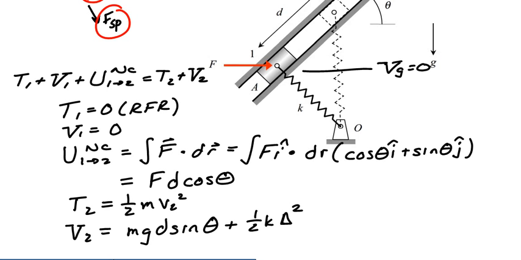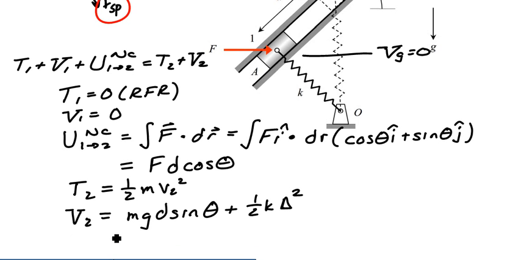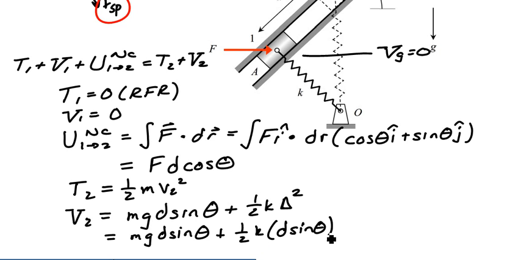Determining that stretch is quite easy: the additional length in the spring will be equal to d times the sine of the angle theta, and that will be squared.